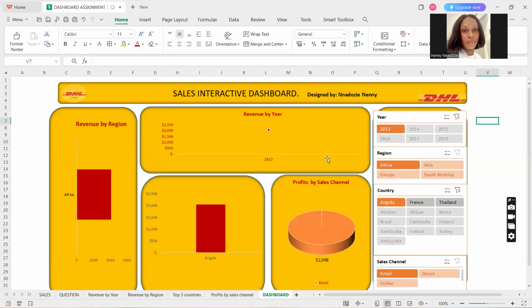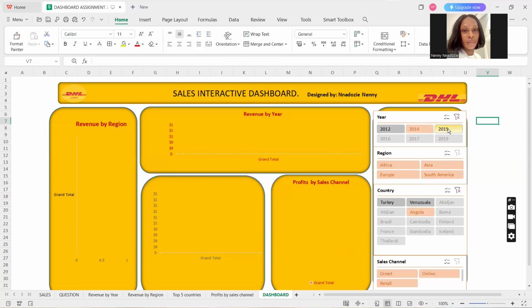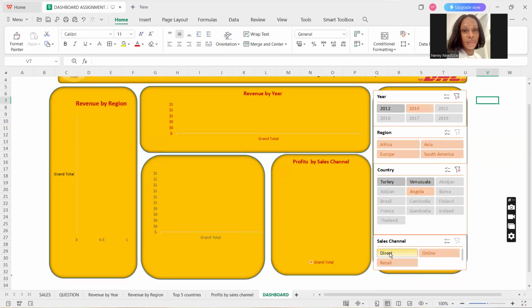It's going to give you insights. It's going to give you whatever information you need in each year, in each country, with each sales channel. It's just like in 2014, in Angola, nobody used the direct sales, as you can see. In 2012, in Africa, Asia, Europe and South America, none used the direct sales.